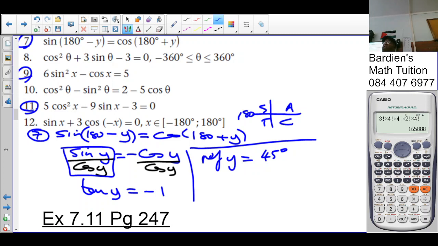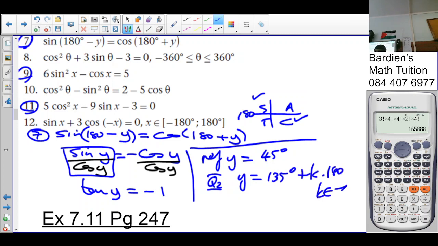The question we ask ourselves is in which quadrant tan is negative. So how do we get to quadrant 2? It's going to be y is equal to 180 minus 45, which is 135, plus k times 180, where k is an element of the integers.